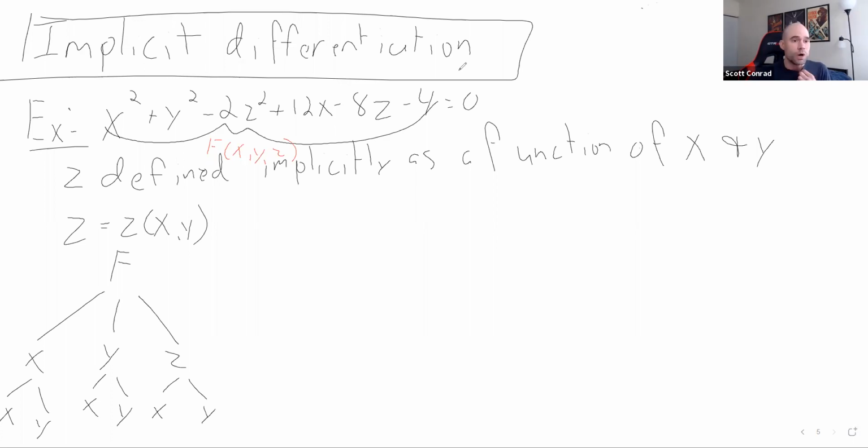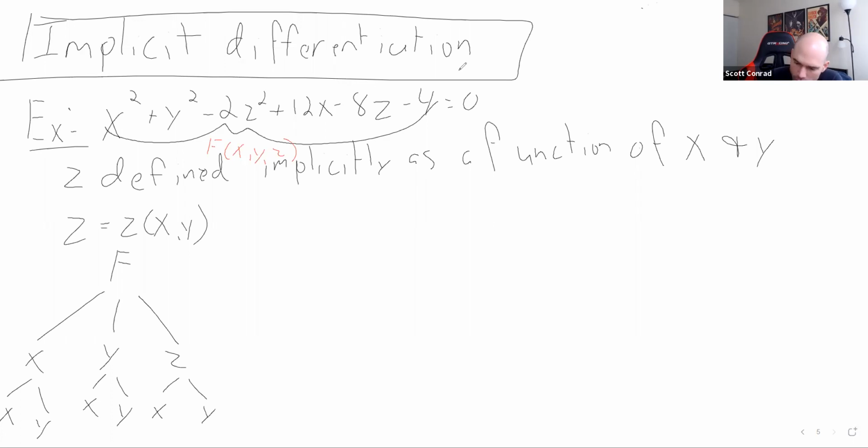If you have the function y and you take the partial with respect to x, what do you get? You get 0, right? We can treat y as just the function y and take the derivative with respect to x.